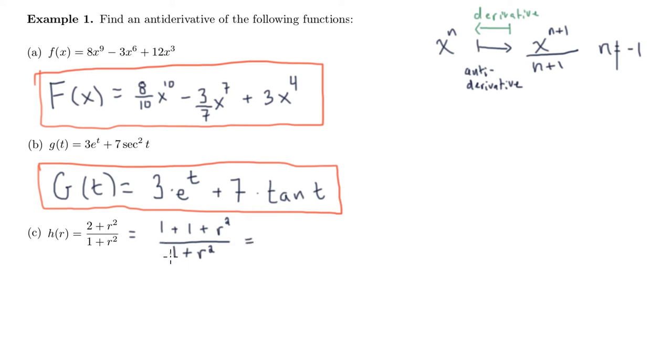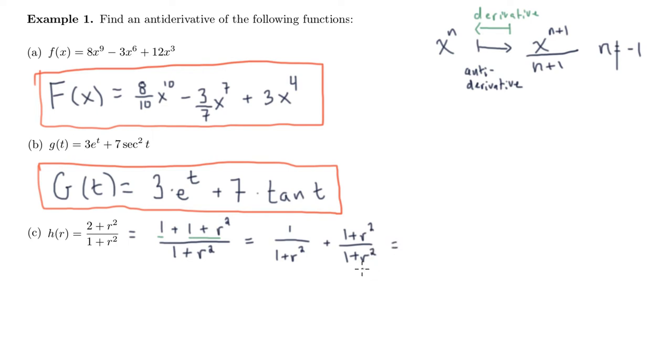Okay, and then let's look. So I'm going to take the 1 and divide by 1 plus r squared, and then I'm going to take this 1 plus r squared and divide by 1 plus r squared. So I'm going to get 1 over 1 plus r squared plus 1 plus r squared over 1 plus r squared.